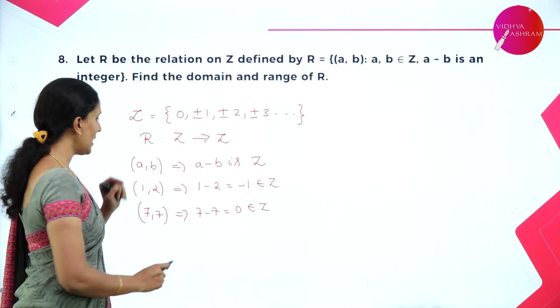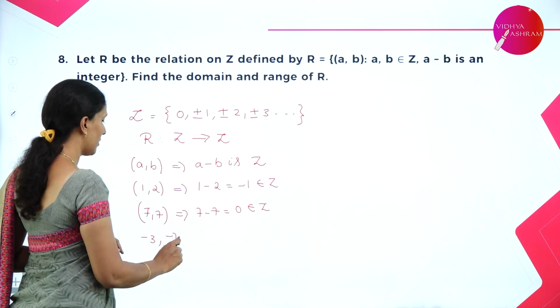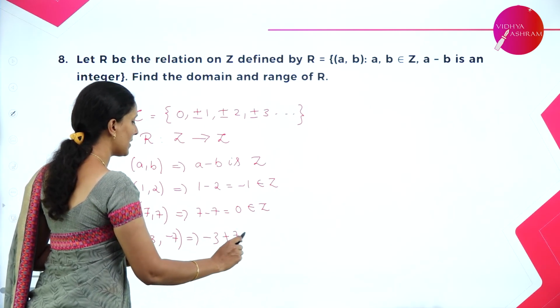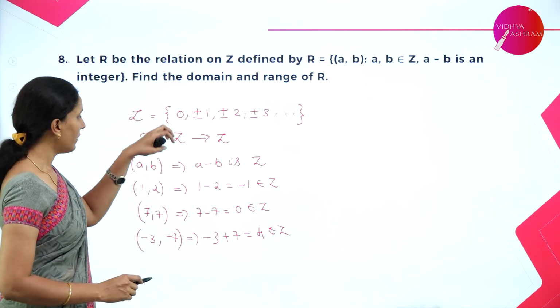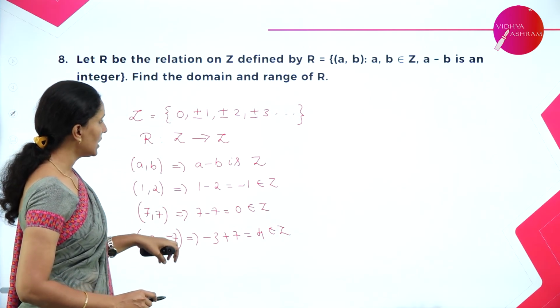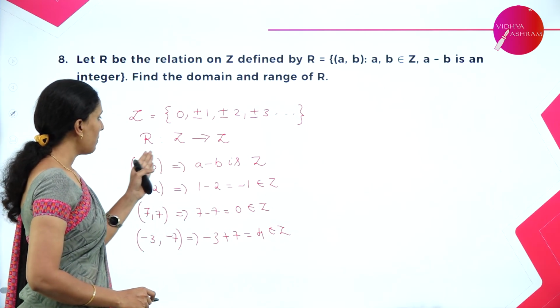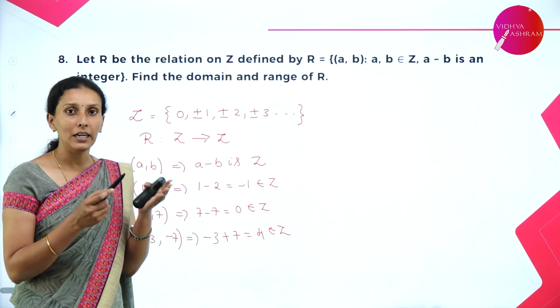Suppose I take minus 3 from this set and minus 7 from this set, then minus 3 minus of minus 7 is minus 3 plus 7, which is 4, and belongs to integers again. So whatever elements I take from the set Z for a as well as b, and when I perform a minus b, the result gives you again an integer value.